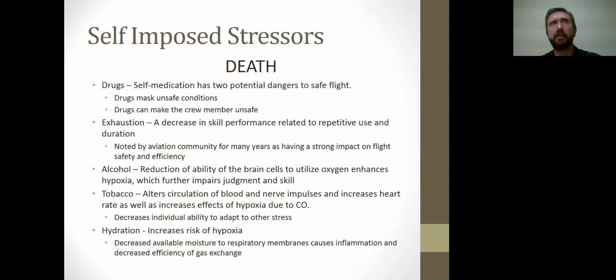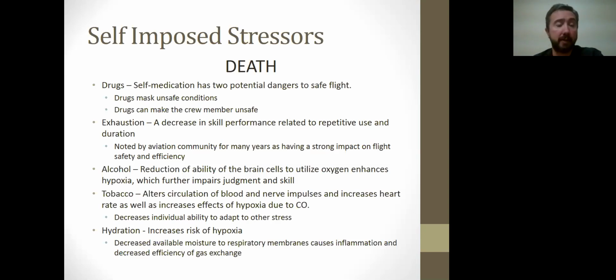Now we're going to talk about the self-imposed stressors, using the acronym DEATH, which can lead to death. Funny how that works. Specifically drugs: medication has two potential dangers to a safe flight. They can mask unsafe conditions, and they can make the crew member feel unsafe. So make sure that if you're on specific prescription medications, you're able to operate at a therapeutic level.